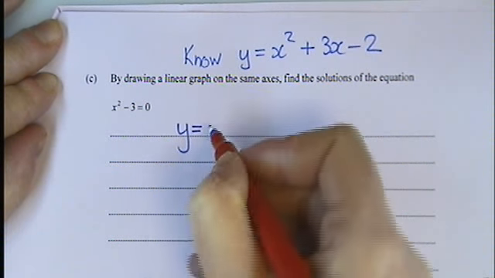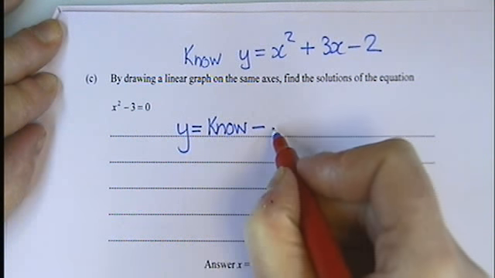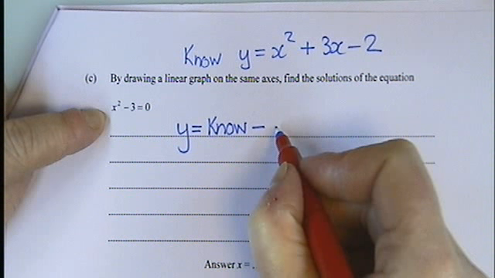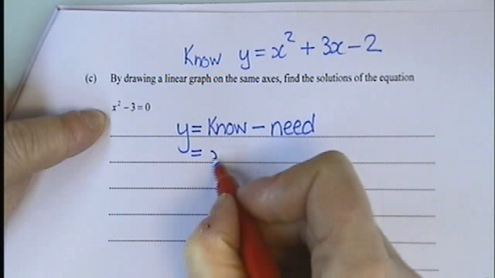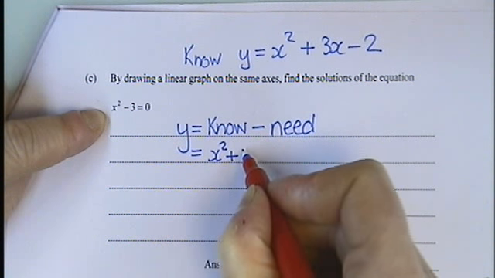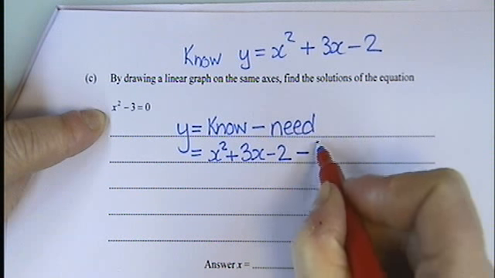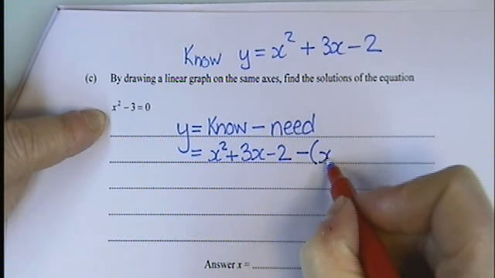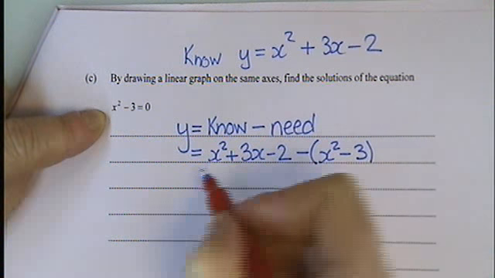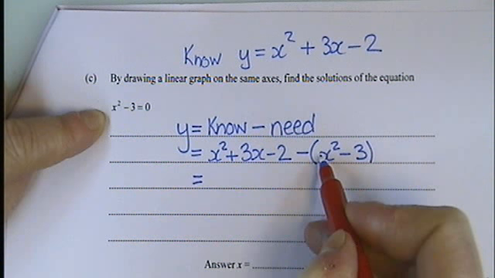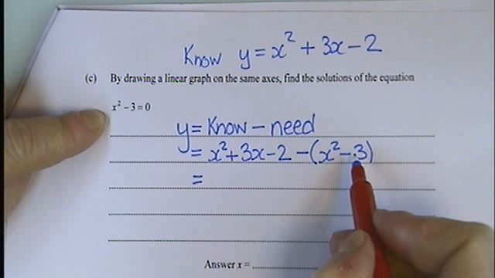So I know I need to draw a line, and I'm going to look at what I know minus what I need. This is what I've been asked to solve. So I know what I already have plotted is x squared add 3x minus 2, and I'm going to be careful with my signs here, I need to solve x squared minus 3 instead. So x squared take away x squared cancels. I have positive 3x and no other 3x is there.